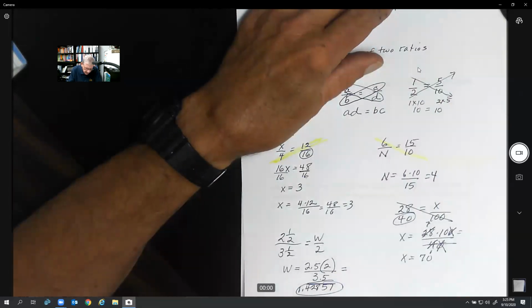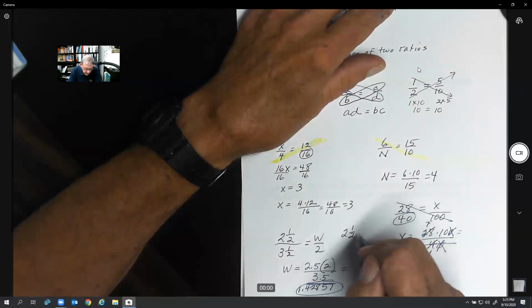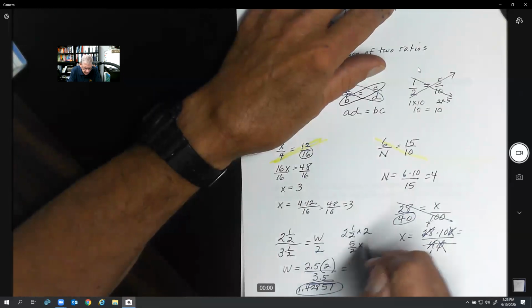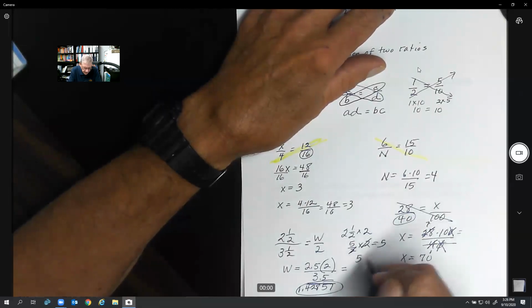Let's see if we did it with actual fractions. 2.5 times 2. Let's see, that's 5/2 times 2 is 5. And then I'm going to divide that by 3.5. Well, that's 2 times 3 is 6, plus 1 is 7/2.